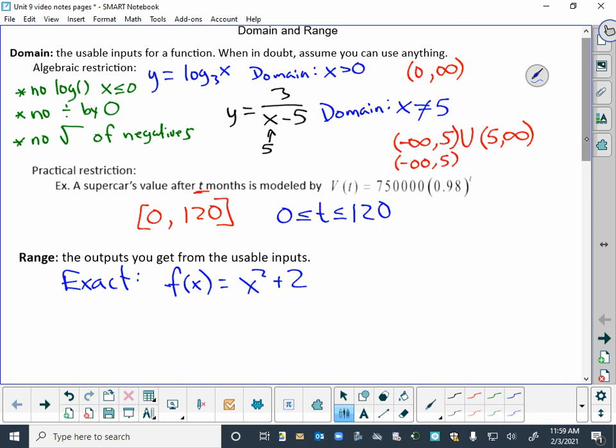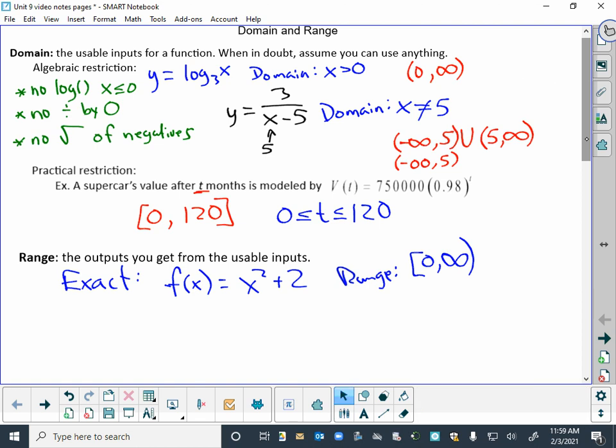Well, we know this is a parabola that's been shifted up 2, its domain is all the possible real numbers, but the range, we know the vertex now is at 0, 2, so the range on this one would be the numbers from 2 to infinity. Okay? And this is talking about the outputs. This is y value stuff. Okay? Sometimes the best we can do is kind of approximate it.